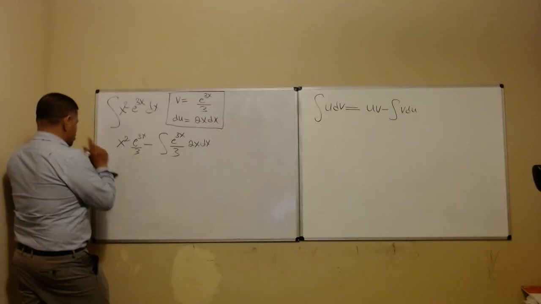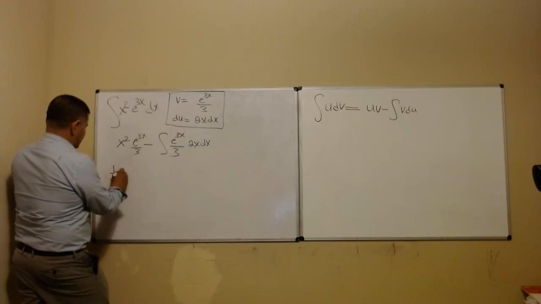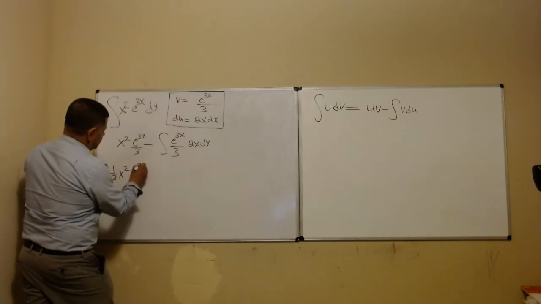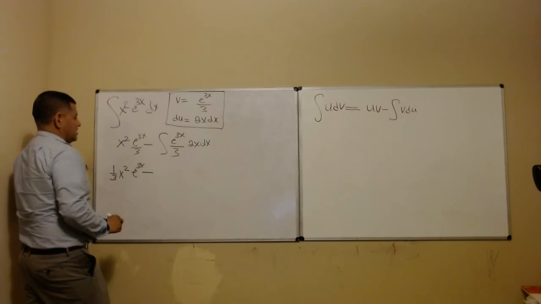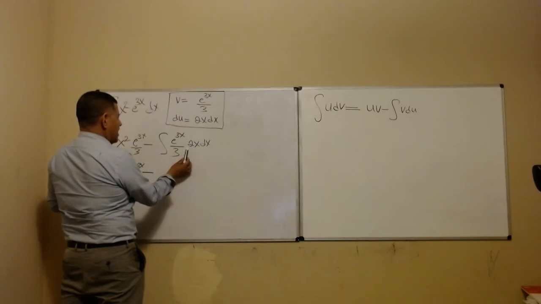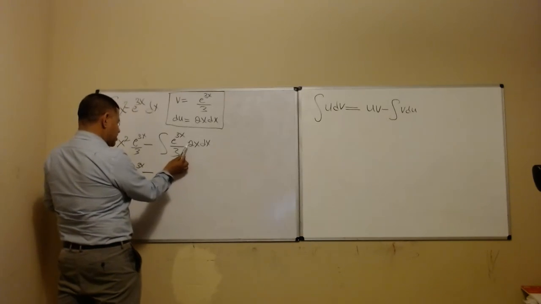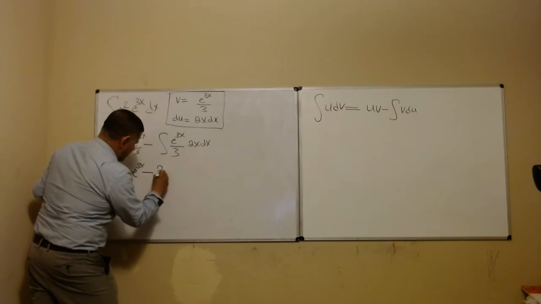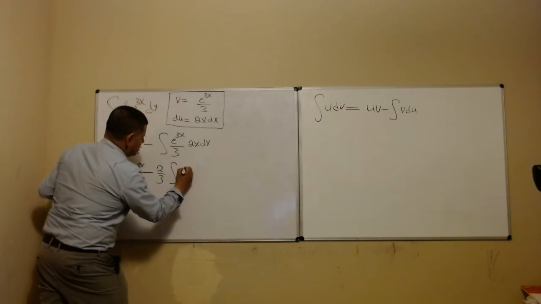Let me factor out 1/3: 1/3 x squared e to the 3x, minus, and let me factor this 2 out. This 2 comes over here, and this 3 comes over here, so it's 2/3 the integral of e.